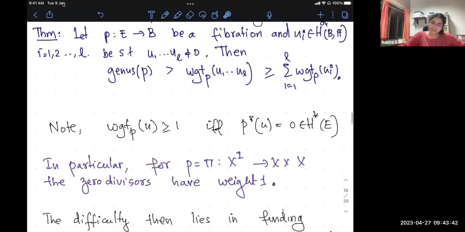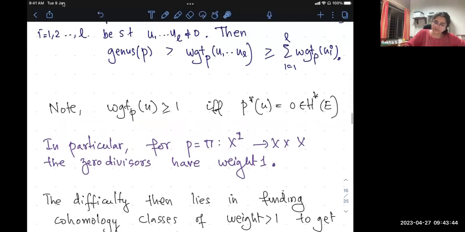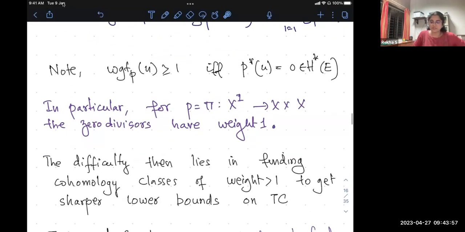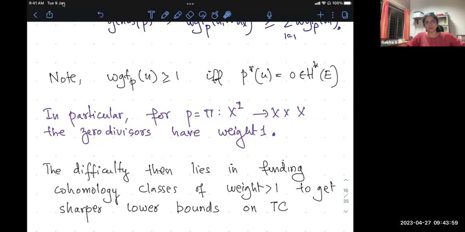So this means that what we were already getting was this, because this is the sum that I get when I look at the zero cup length for the zero divisors. But basically what we are looking for is cohomology classes whose weight is strictly bigger than 1.